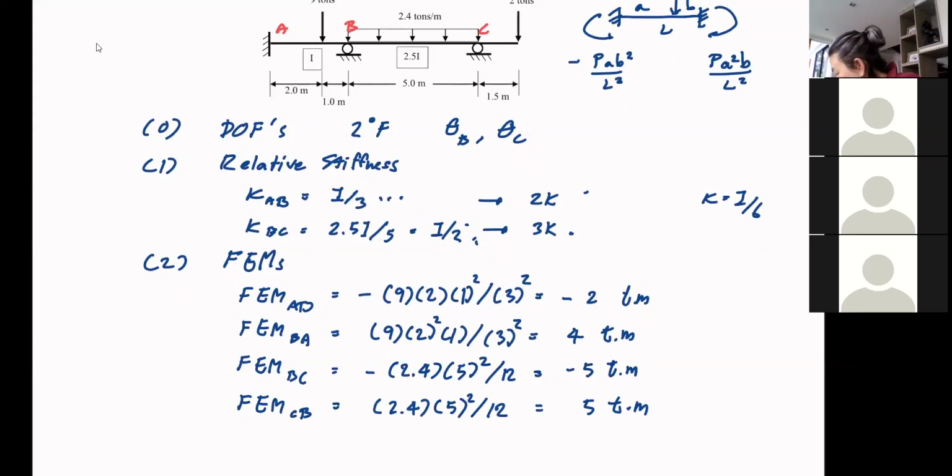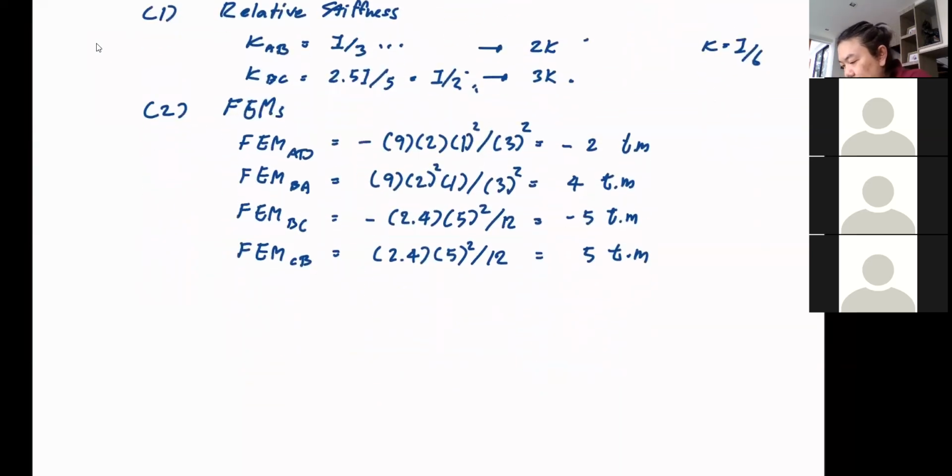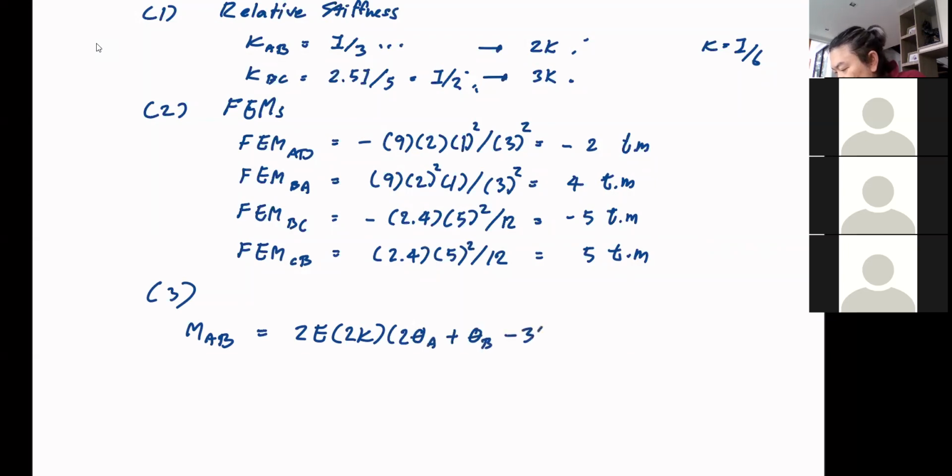So now we move on to the next step, that is the slope deflection equation. We should start from AB, right? M AB should be 2EK. And now I use my relative stiffness, it becomes 2K, times 2 theta A plus theta B minus 3 psi AB.